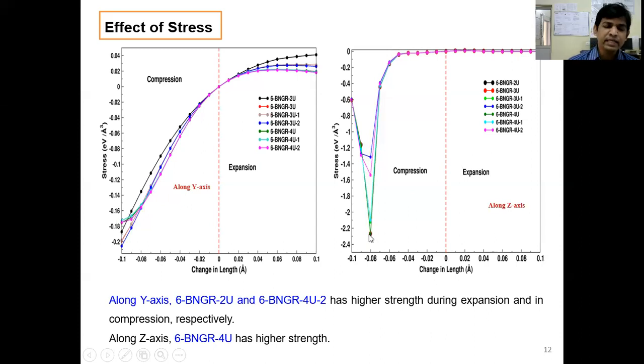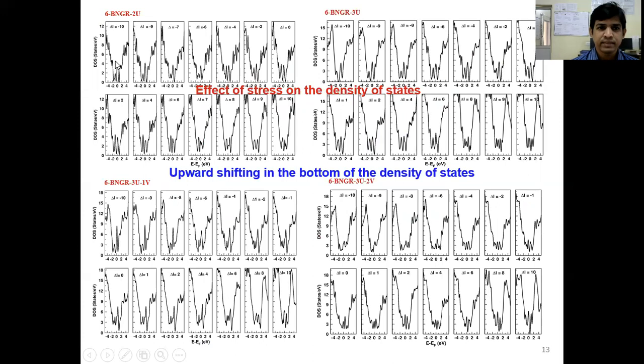So by applying the stress, the strength is observed, and the electronic nature can also be enhanced. That can be understood by following these figures. We can see the percentage change in the length shown here. Delta L 0 means 0%. Minus notations represent compression, positive represents elongation.